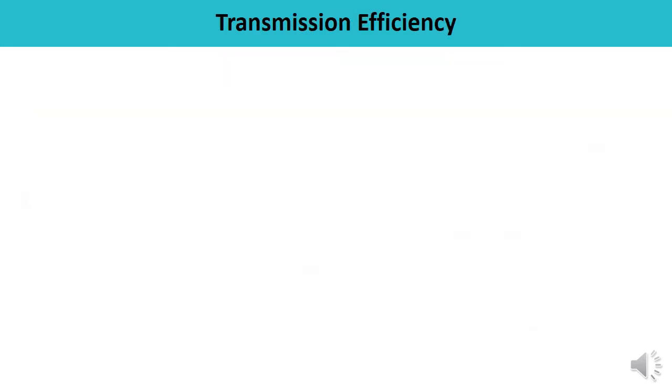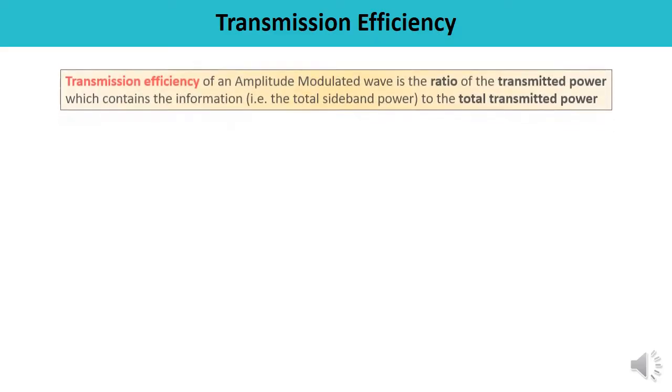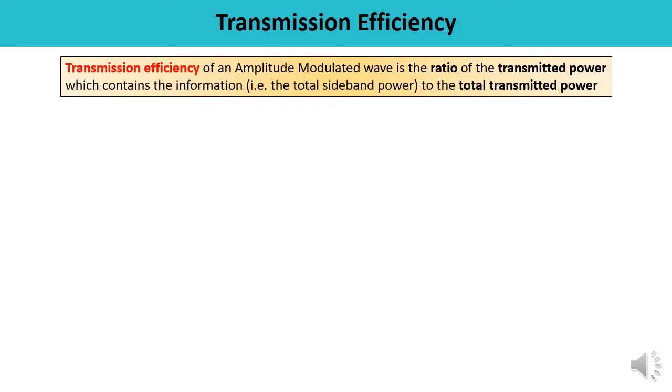Now let us talk about the transmission efficiency. Transmission efficiency means how efficient the system is for the transmission. So how are we going to calculate this term? Transmission efficiency is denoted by eta. For the amplitude modulated wave, it gives the ratio of the transmitted power which contains the information to the total transmitted power.